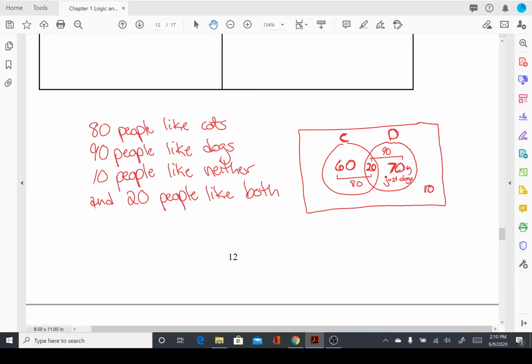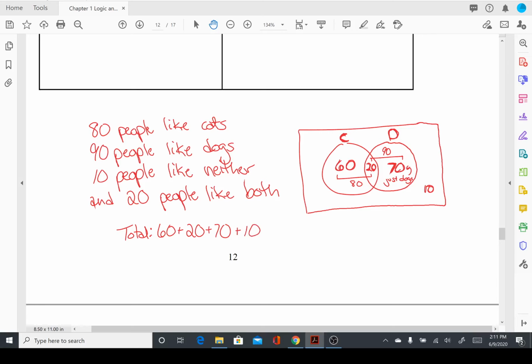So they could ask you questions like how many people total were surveyed. Let's pretend that was the question, total surveyed. If you were figuring out the total, you would do 60 plus 20 plus 70 plus 10. So again, be careful.